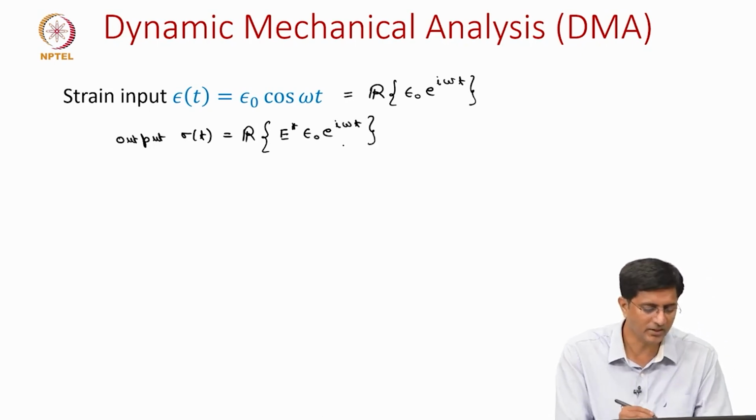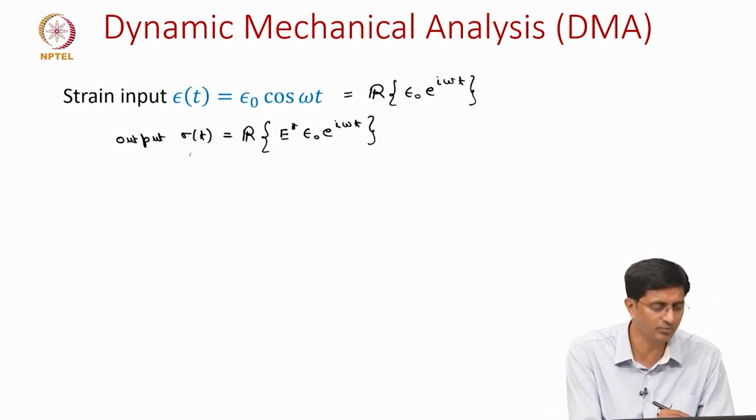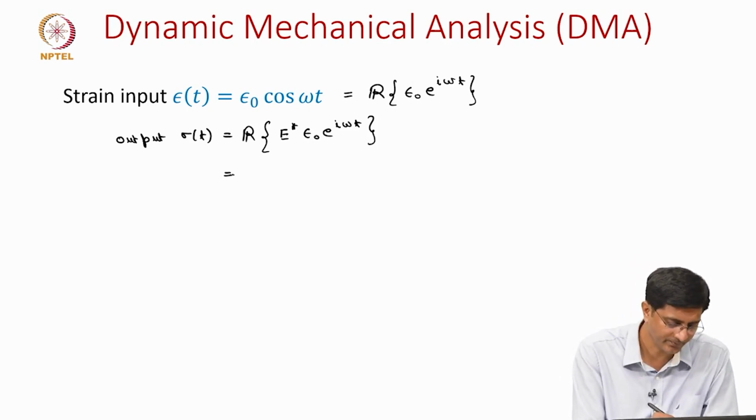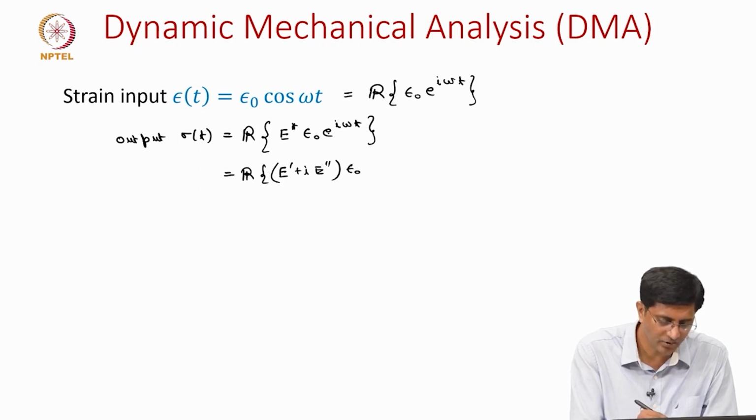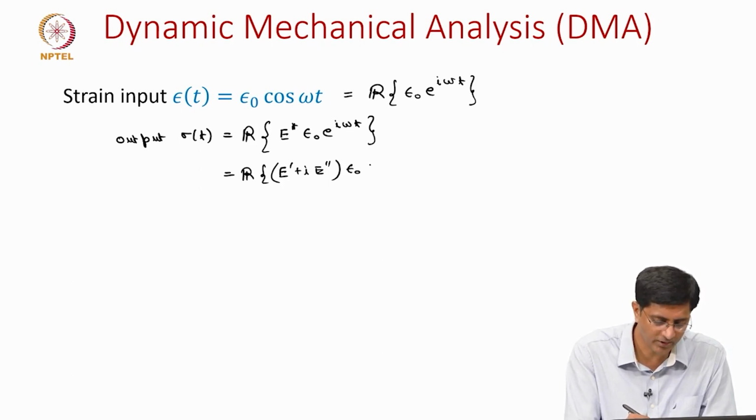So, now let us find the real part of this expression and then we should be able to find the stress. So, let us expand it out. I will replace the complex modulus with the storage and loss modulus, and we will also expand this e power i omega t in cos and sin terms.